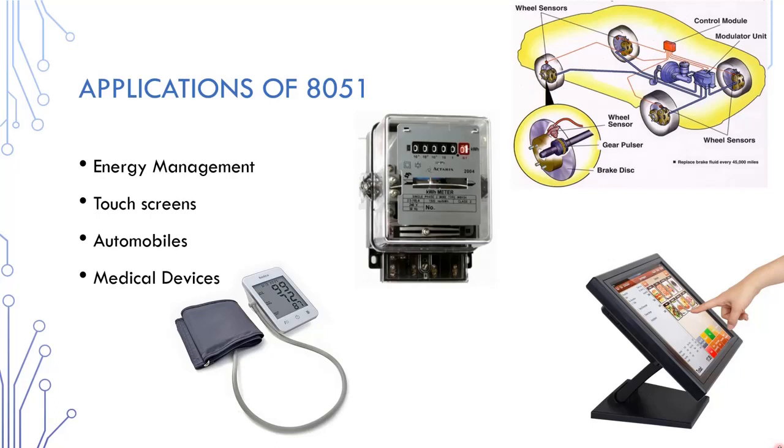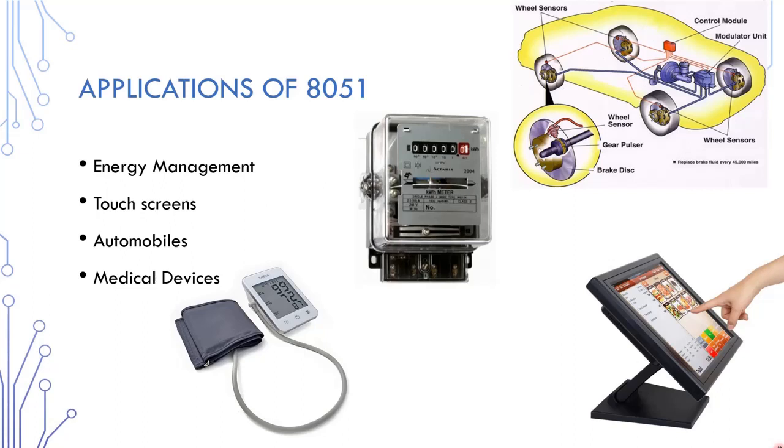Another one is touch screens. A high degree of microcontroller suppliers integrate touch sensing abilities in their designs. Portable devices such as media players, gaming devices and cell phones are some illustrations of microcontrollers integrated with touch screen sensing. It is also used in automobiles.